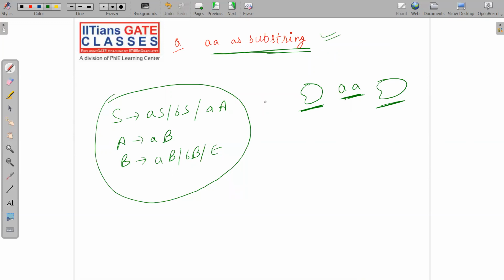Okay, please note down the terminology. Grammar is a generating device, FA is an accepting device. So you should say properly that this grammar is generating all those strings over A and B in which we have double A substring. We should not say that this grammar is accepting all those strings over A, B in which double A substring and so on.